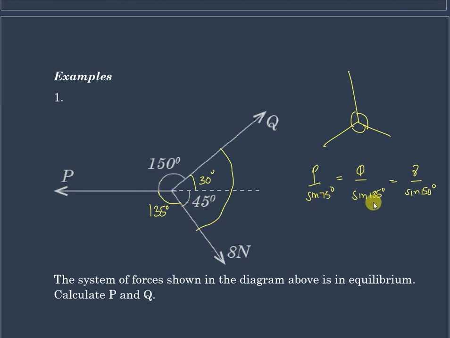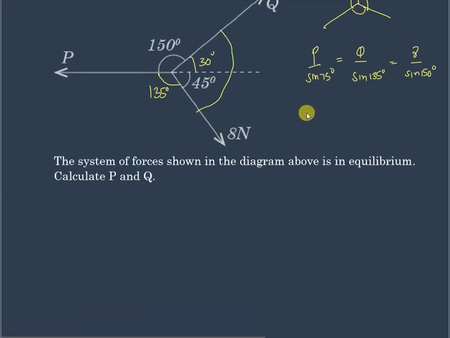And from there, we can equate these two and find the value of Q. Writing from there downwards, Q is equal to 8 times sine of 135 degrees divided by sine of 150 degrees.